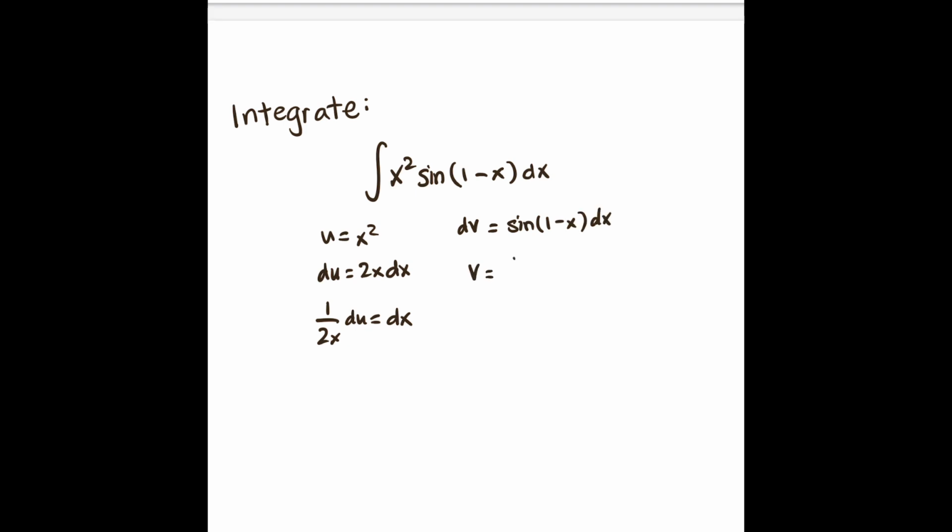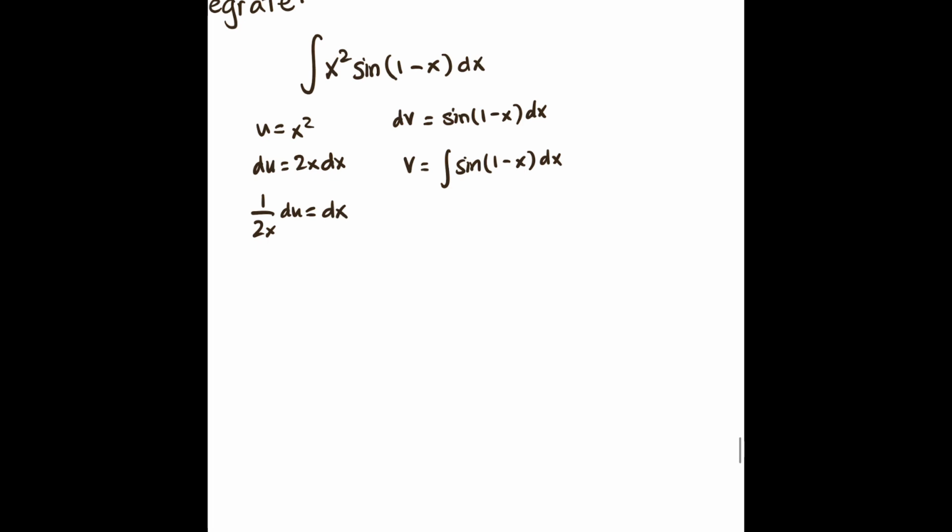So v is going to equal the integral of sine of 1 minus x dx. Now we could use u substitution again on this term. So if we just take an aside, to perform this integral, we can let u equal 1 minus x.